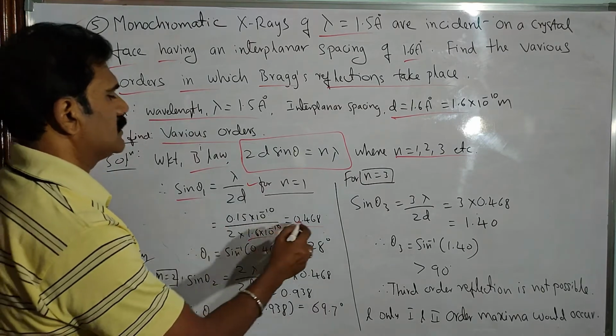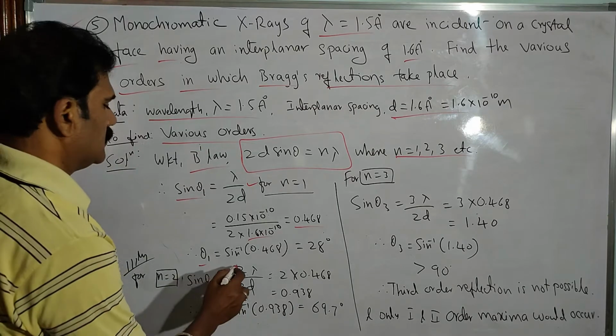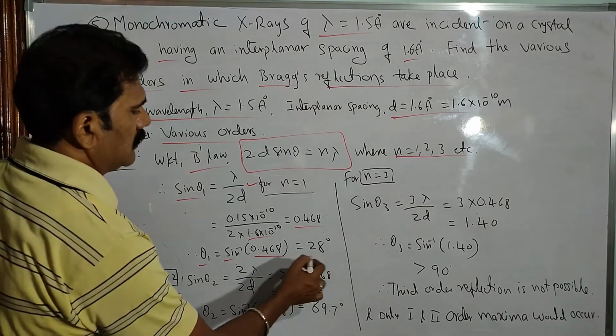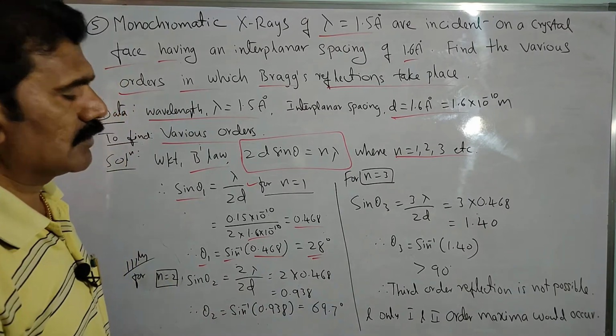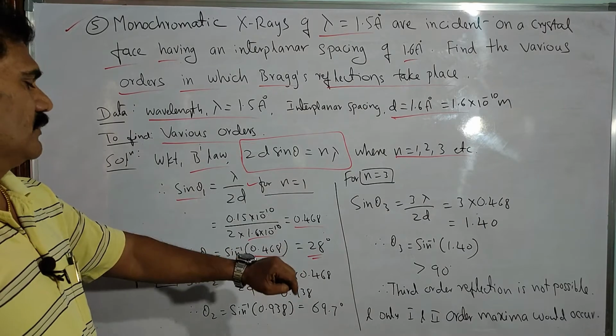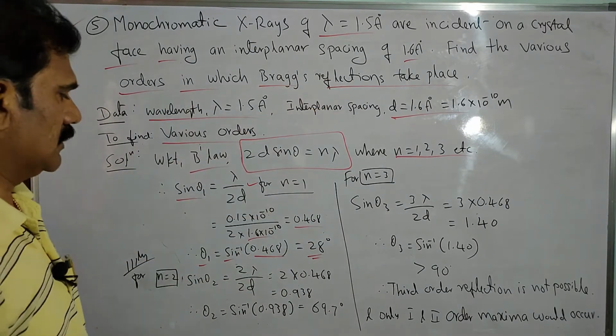If sin theta 1 is equal to 0.468, what is the value of theta 1? Theta 1 is sin inverse of 0.468, correct? So you can see that value is 28 degree. First order value is 28 degree, means for 28 degree glancing angle the Bragg reflection occurs.